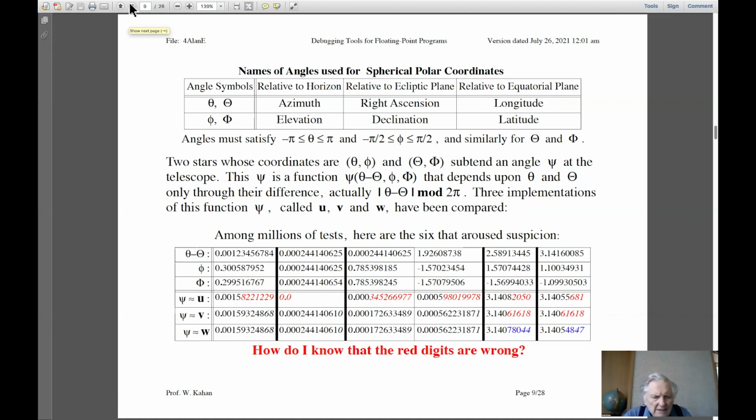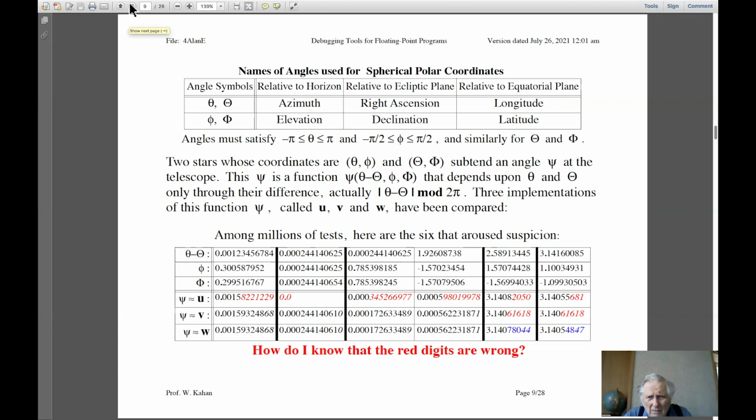And if you get a few of these angles, you can figure out very accurately where you are. But it takes a computation. And 3 contractors have offered software to do the computation of the angle subtended at the telescope. The names of the angles are sometimes azimuth and elevation, or right ascension, inclination, and so on.